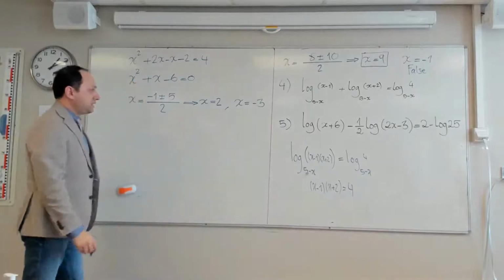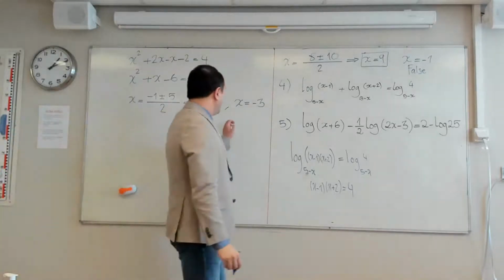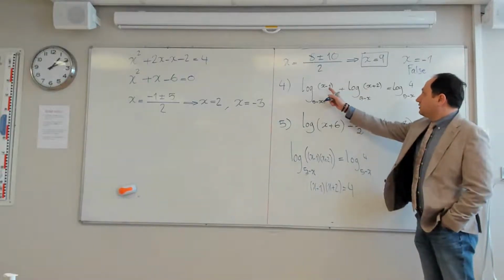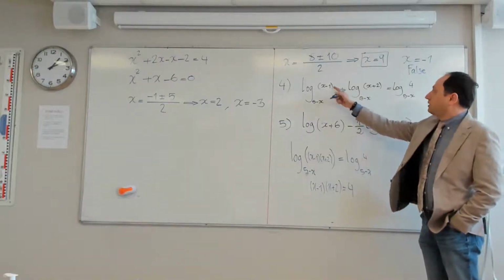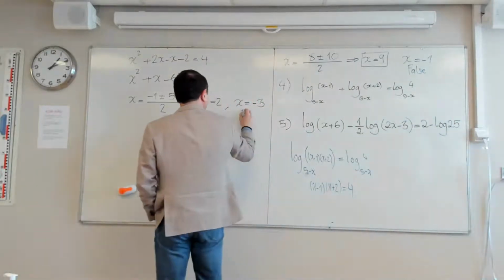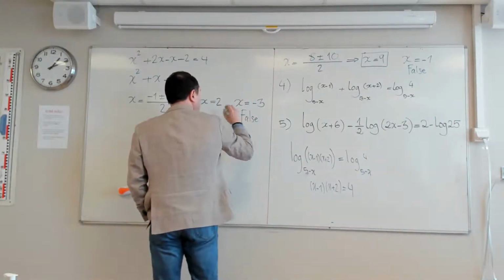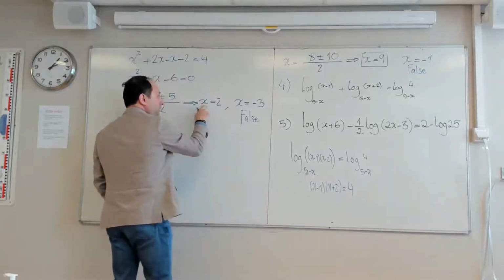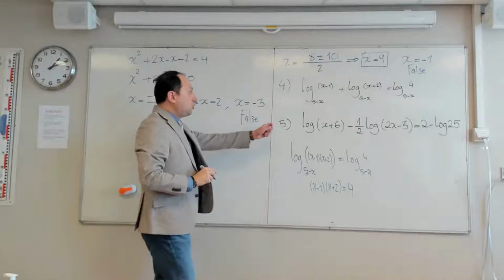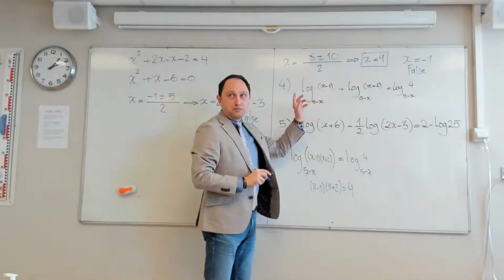Which one is not acceptable? Definitely minus 3 is not acceptable. Why? Because if I put minus 3 here, both of them are negative. But be careful. So this is a false truth, definitely. But what about 2? Is it acceptable? Yes. But you also have to check the base. It's important, yes?